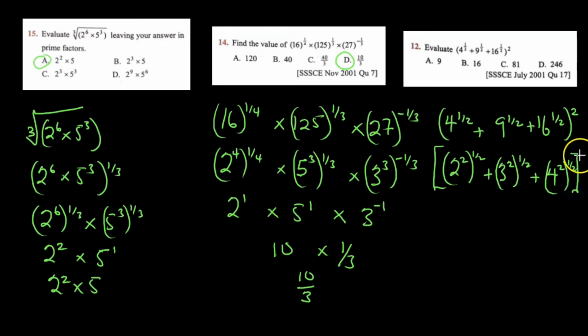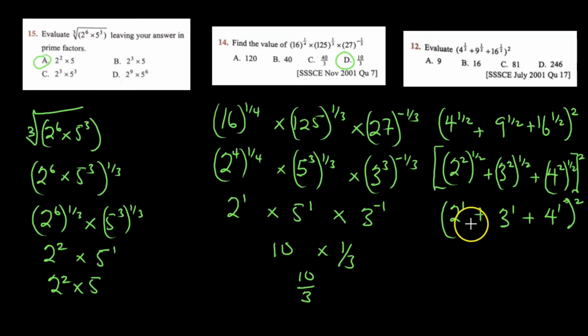Then the bigger bracket will be closed before the square also comes on board. Now when you simplify 2 squared all raised to the power half, it will be left with 2 to the power 1, plus the same thing applies to the second term, which is 3 to the power 1. Then plus 4 to the power 1. Then we close the bracket and square it.